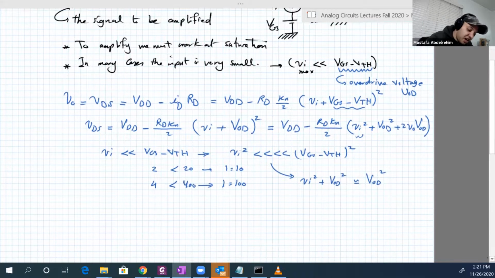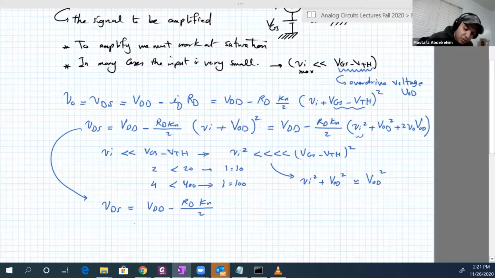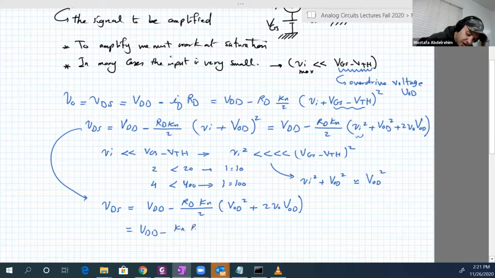So let's rewrite vDS after that assumption. vDS equals VDD minus RD Kn over 2, and this will be V overdrive squared plus 2 Vi V overdrive, equal to VDD minus Kn RD over 2 V overdrive squared plus 2 Vi V overdrive.